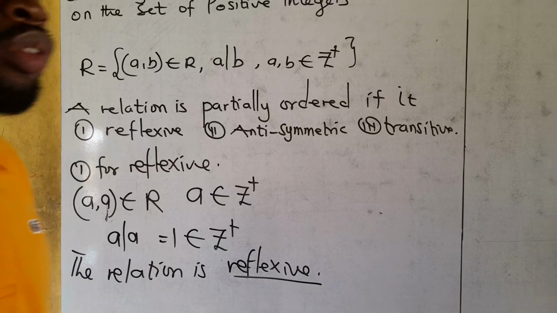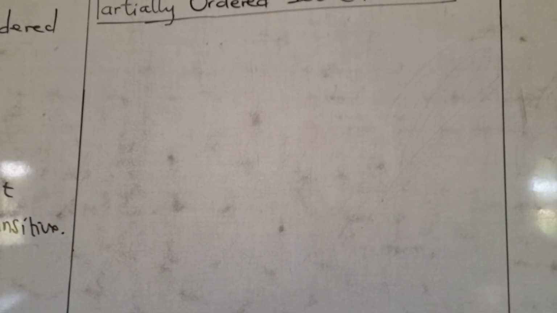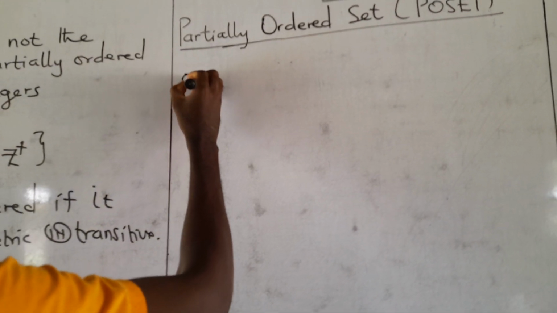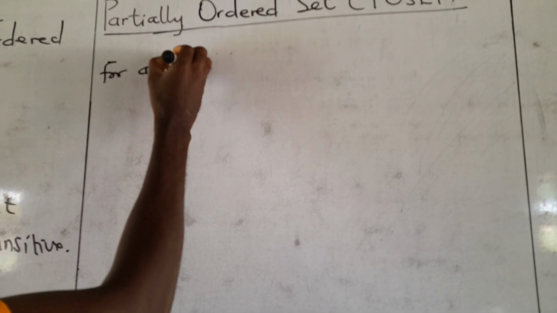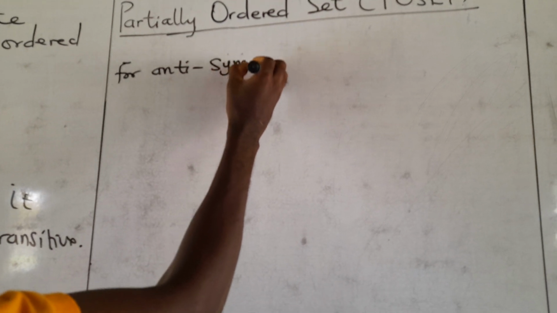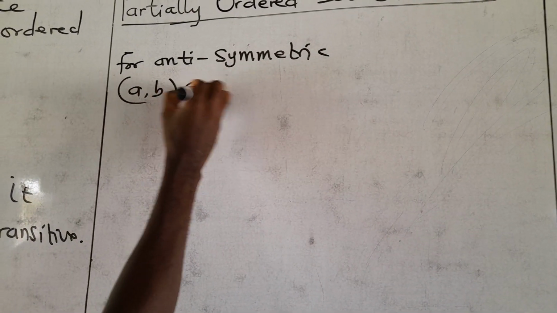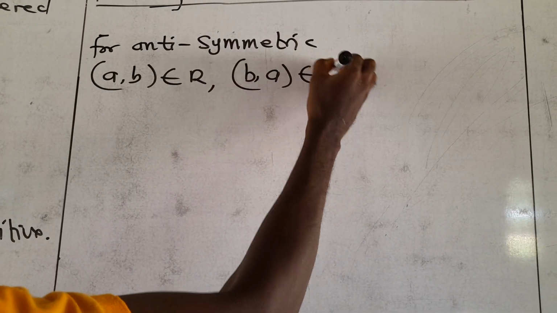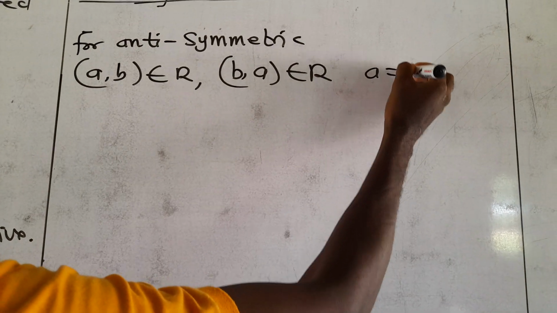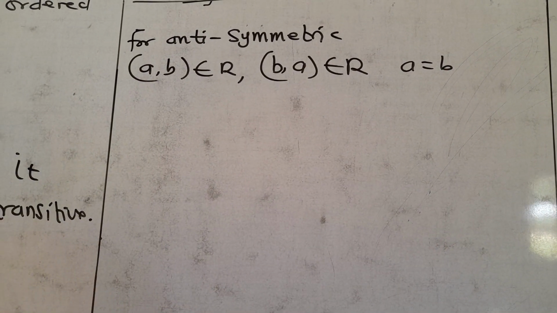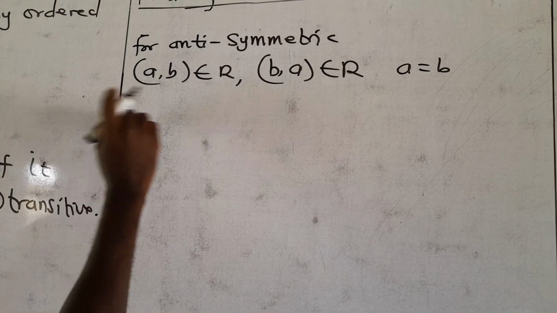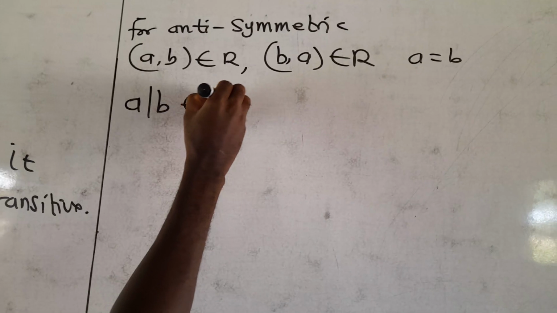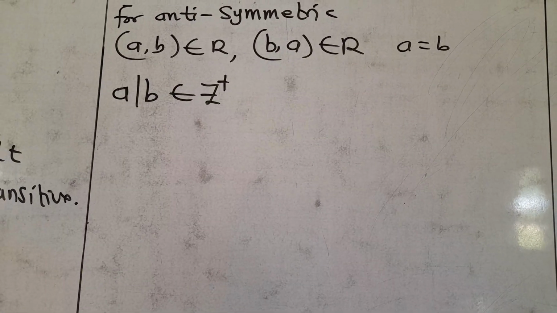We check the antisymmetric. So for antisymmetric, if (A, B) is a member of the relation and (B, A) is also a member of the relation, it implies that A is equal to B. So that's what we need to find out for the antisymmetric. When we take two positive integers, if A divides B, the result will be a positive integer.